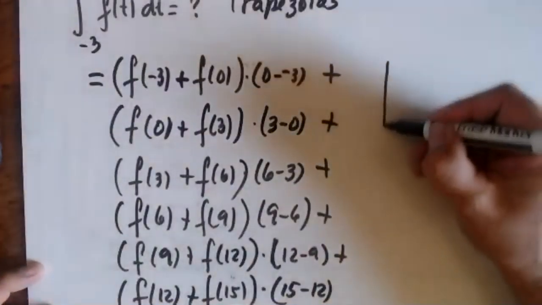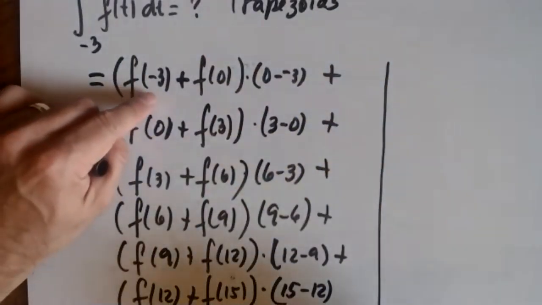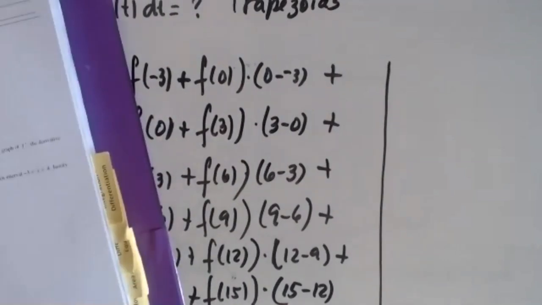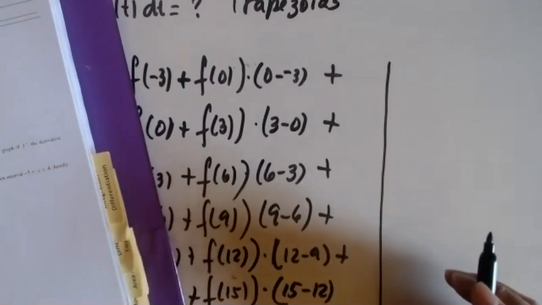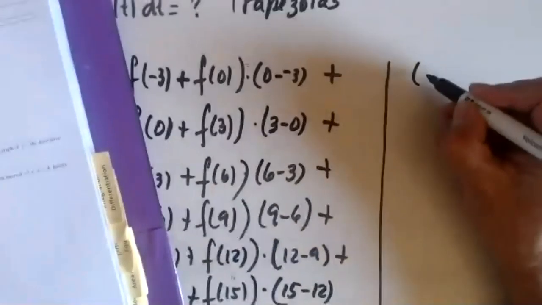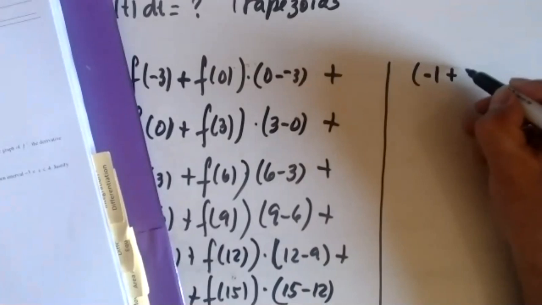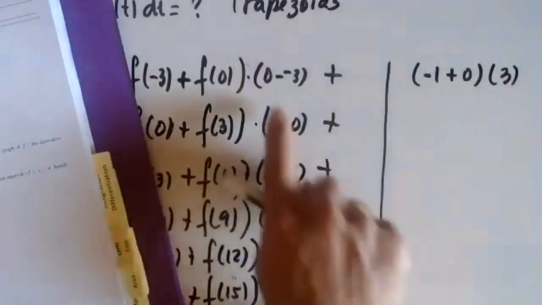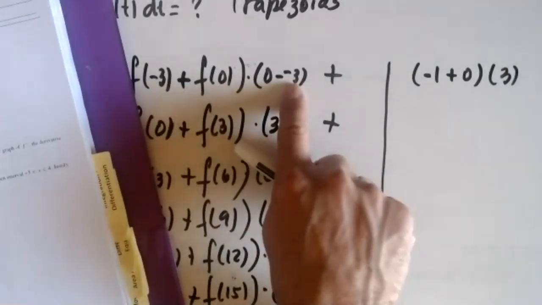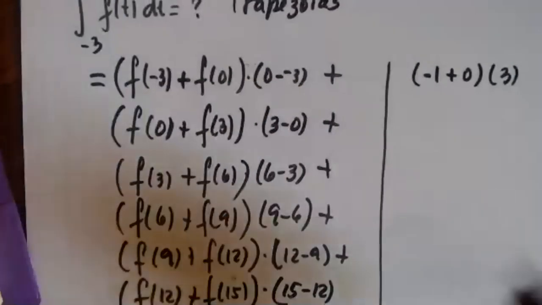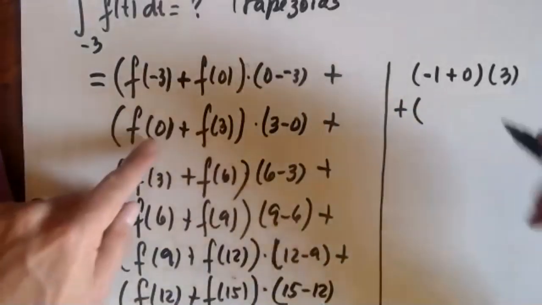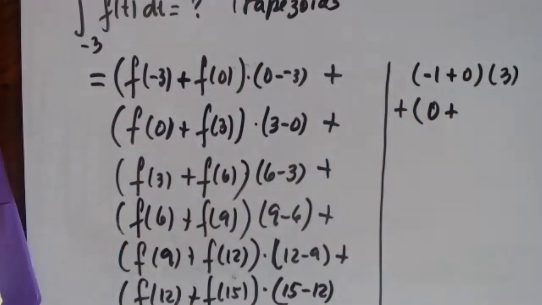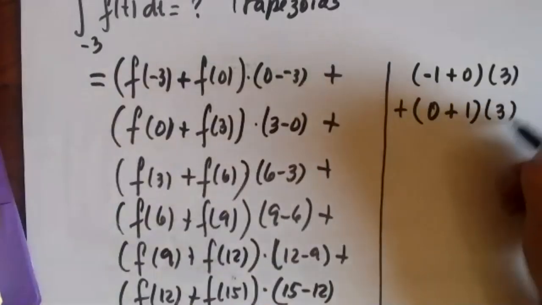Now, let's see. If you see the graph, f of negative 3 is negative 1, correct? So I'm going to put here negative 1 plus 0, times 3, because 0 minus negative 3 is 3. The next one is f of 0, which is 0, plus f of 3, which is 1, times 3.